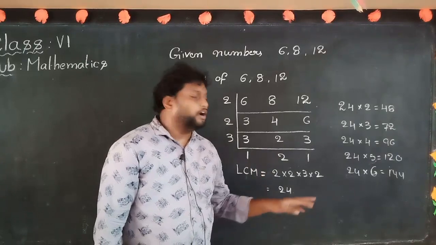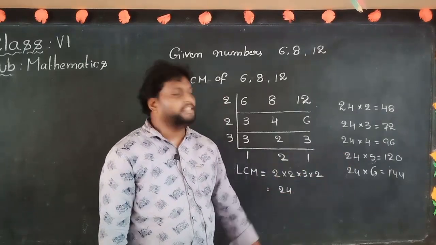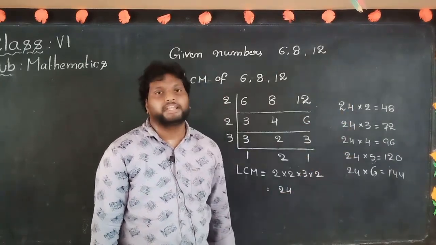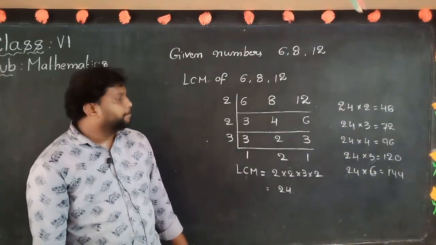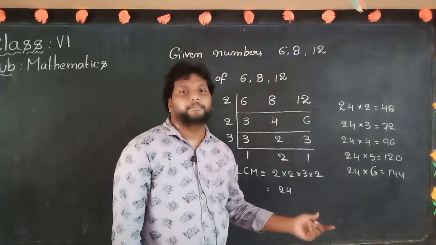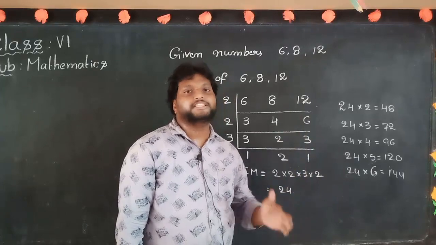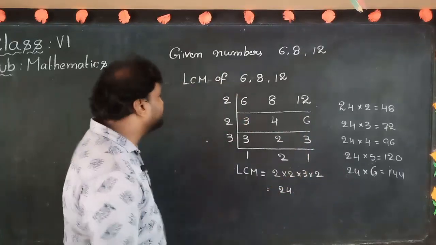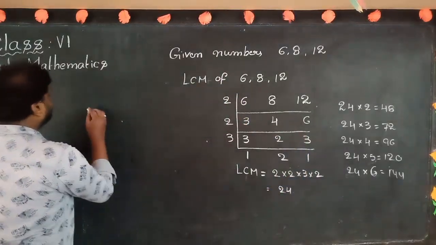But we want the smallest 3-digit number. In that, the smallest 3-digit number is 120. Remaining numbers are also there, but we want the smallest 3-digit number. Means among the 3-digit numbers, the smallest number is 120. Okay.